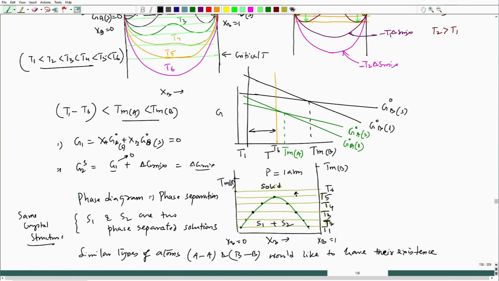So, we will end today this particular discussion. Next class onwards we will look at one important aspect of diffusion. There are two types of diffusion we can explain using the typical plot of Gibbs free energy of mixing with composition. One is downhill diffusion, another one is uphill diffusion, and both can happen.